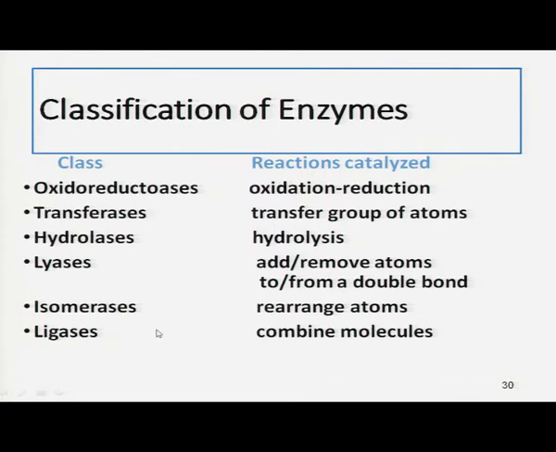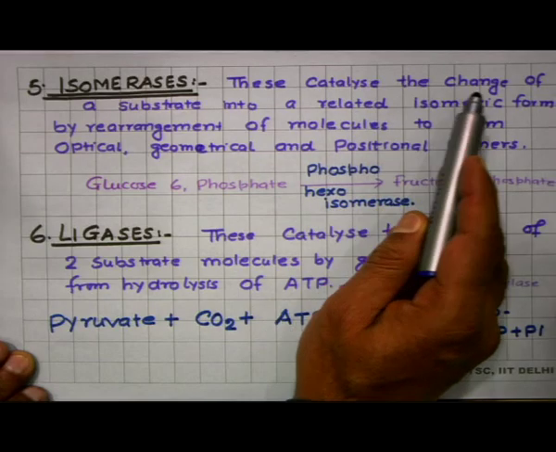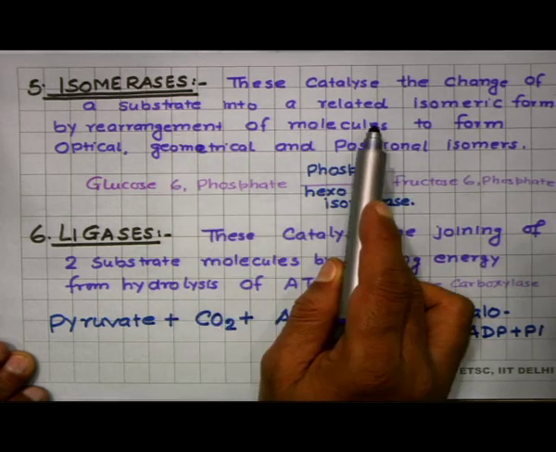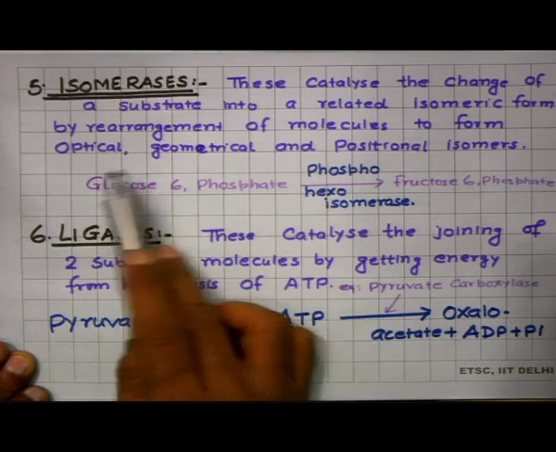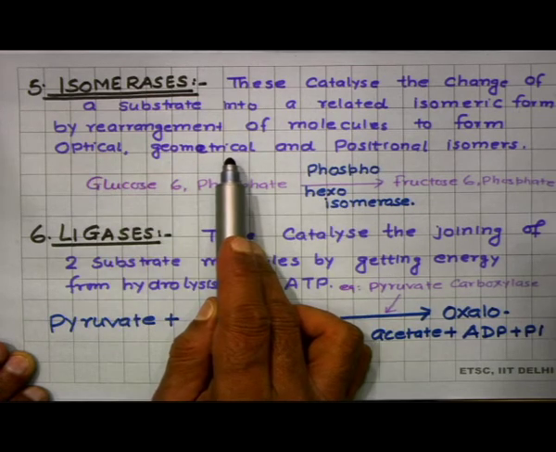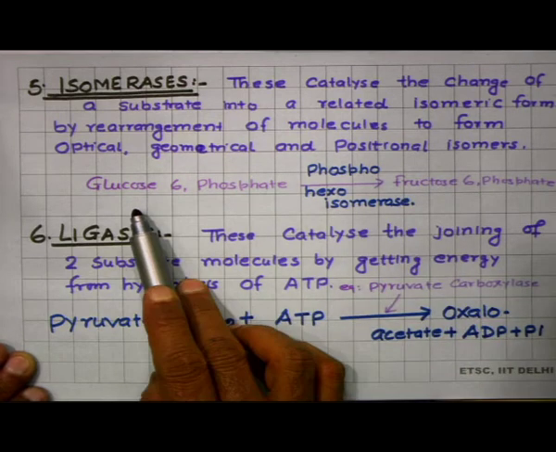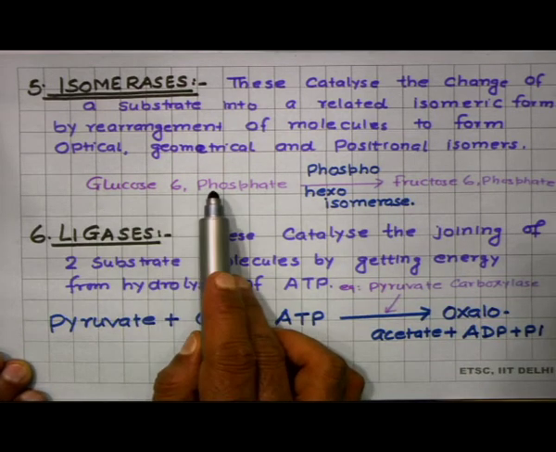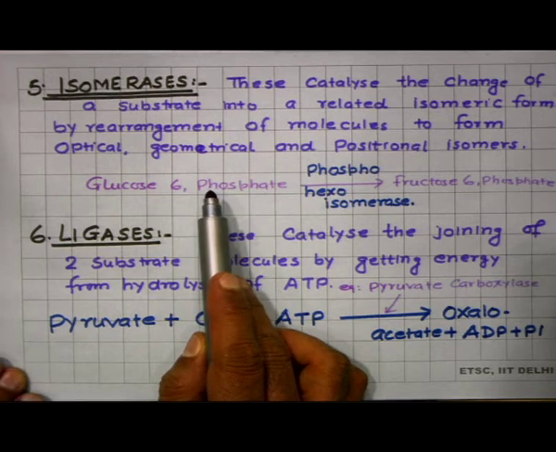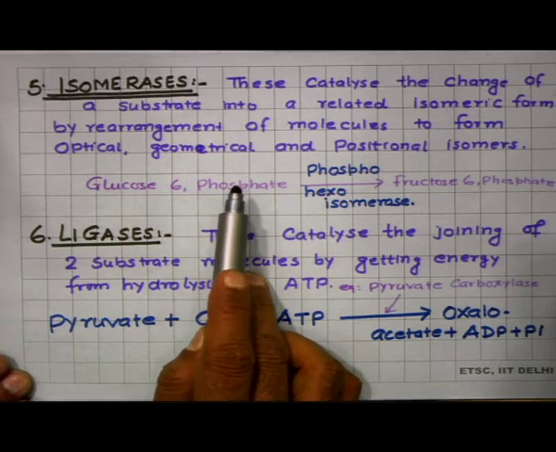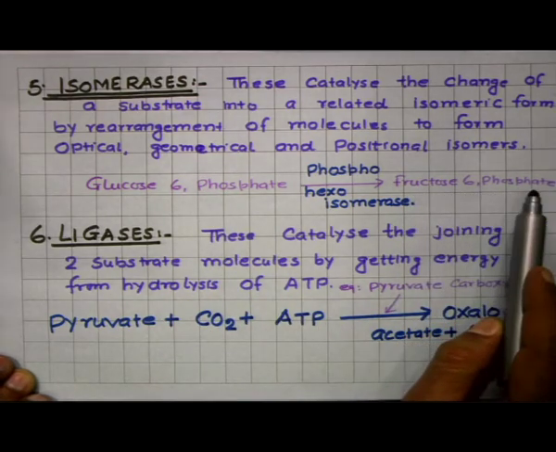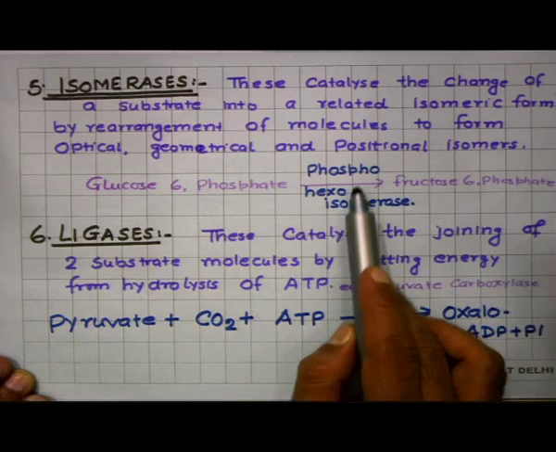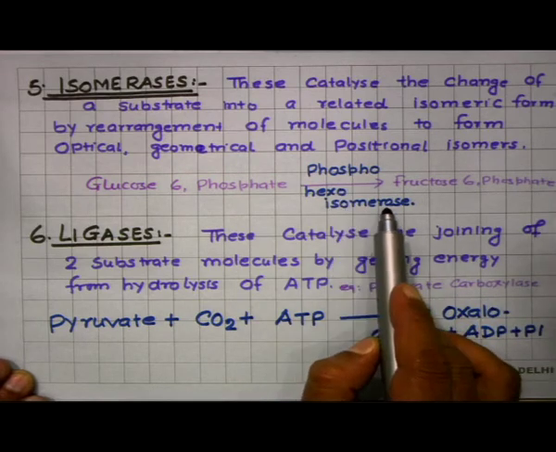Now, see both the enzymes with an example. Isomerase catalyzes the change of the substrate into a related isomeric form by the rearrangement of the molecule to form optical, geometric and positional isomers. Here you can find glucose 6 phosphate in the second reaction of glycolysis, where glucose 6 phosphate is converted into fructose 6 phosphate with the help of the enzyme phosphohexose isomerase.